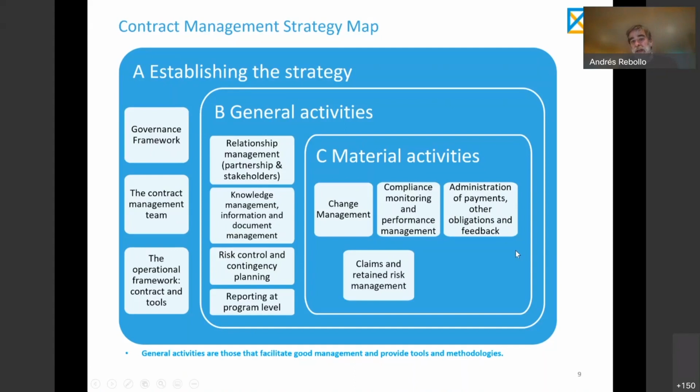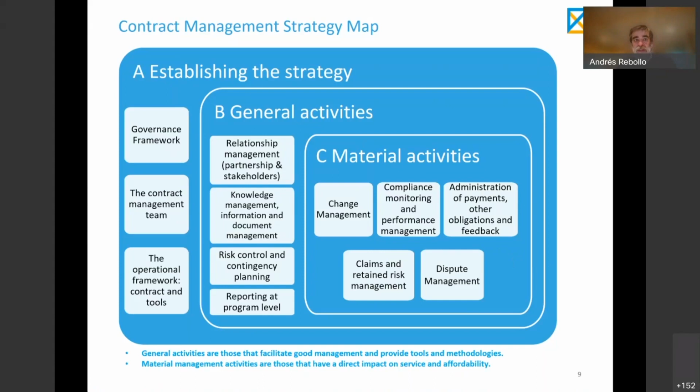There is another area of material management, which is managing claims, mostly claims coming from retained risks. And dispute management is the fifth one, managing disputes, starting from trying to avoid disputes. Okay, so this is the overall picture of the strategy map that we try to disseminate in contract management.